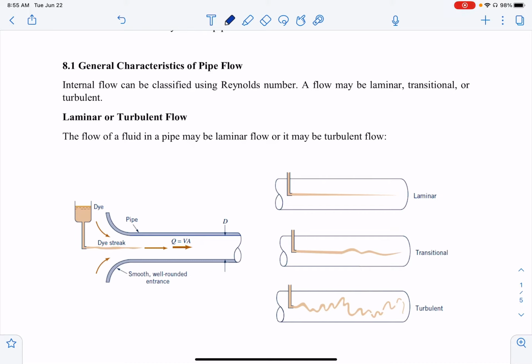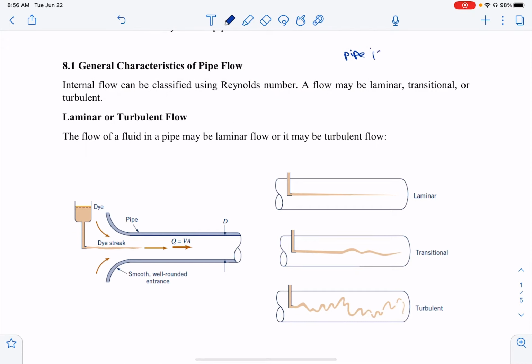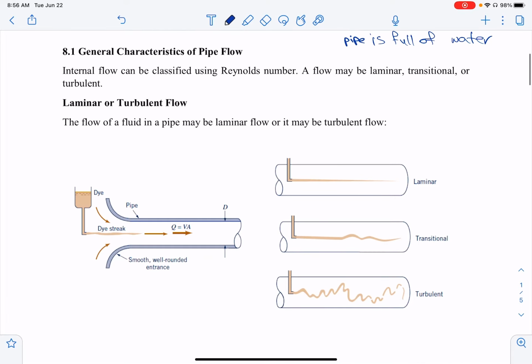But just a side note, for all of the flow involved in this chapter, the pipe is assumed to be completely full of water, right? So the pipe is full of water.